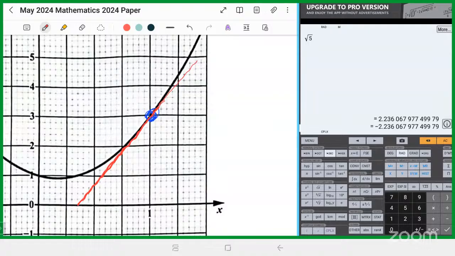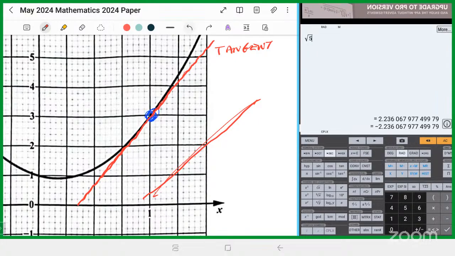This is something we're going to do in class. This is the tangent. And what it is, guys, is that the gradient of this tangent and the gradient of this curve at this point is the same. You see, where a line has one constant gradient throughout, a curve has a different gradient at different points.